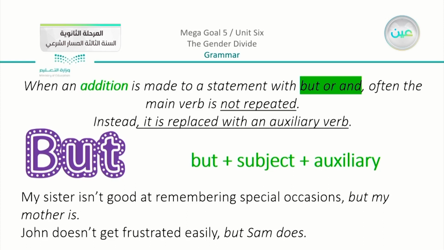Instead, it is replaced with an auxiliary verb. So we can say, my sister isn't good at remembering special occasions, but my mother is. You can see that we have used the auxiliary verb, the helping verb, is after but. John doesn't get frustrated easily, but Sam does. Also, we have here does in the sentence.